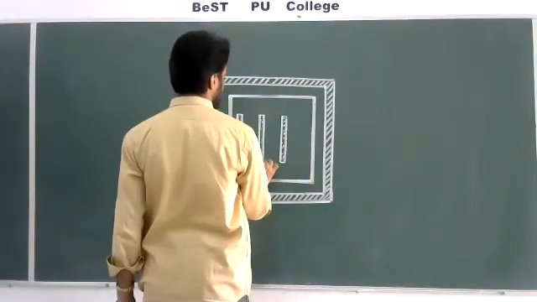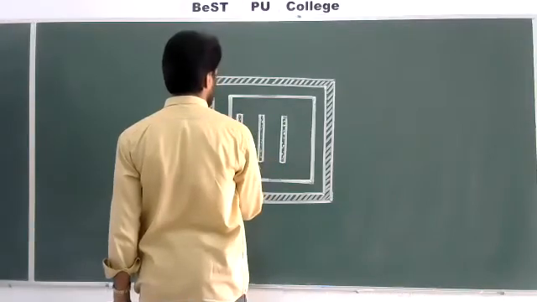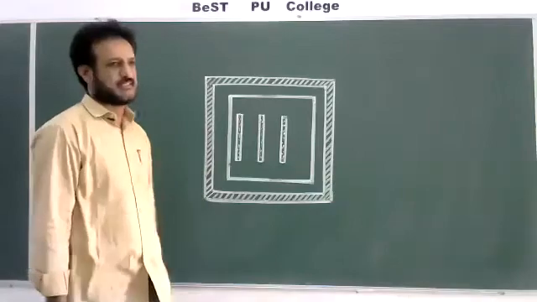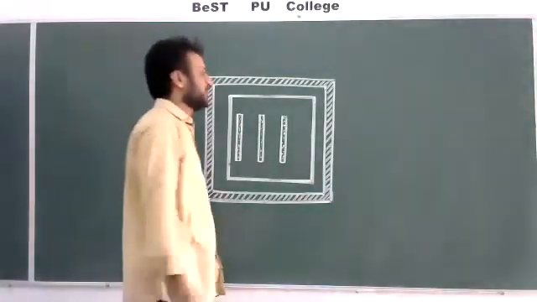The main purpose of the moderator is to slow down the fast moving neutrons. That's important. Next one, control rods.